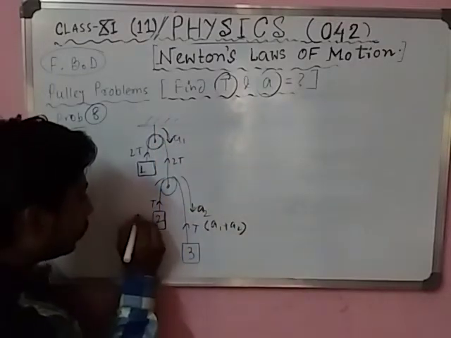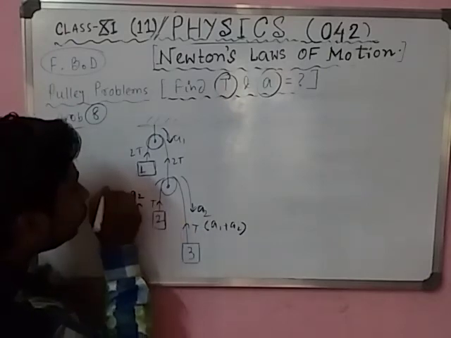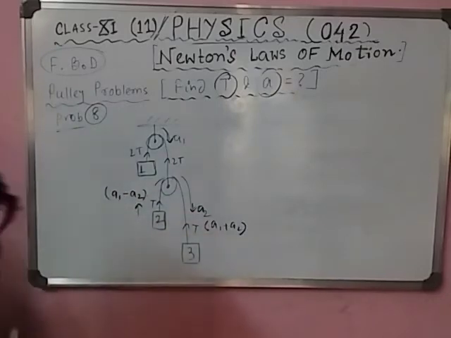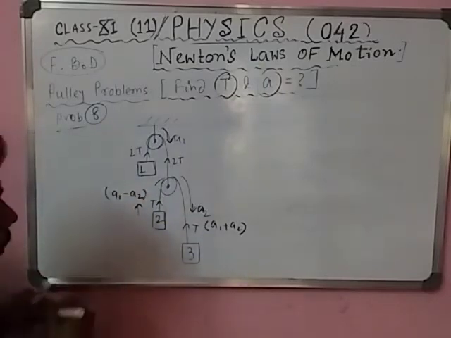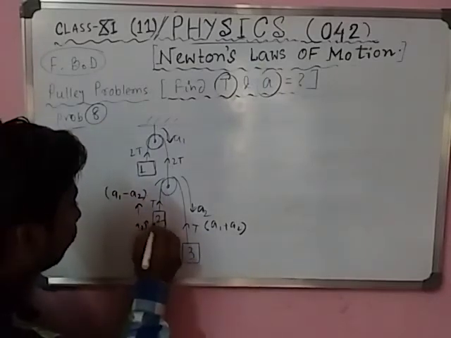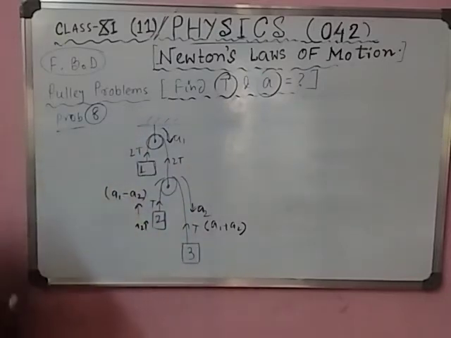For M2 you will write A1 minus A2, because A1 is downward and A2 is upward. For the pulley, A2 is upward. That's all.